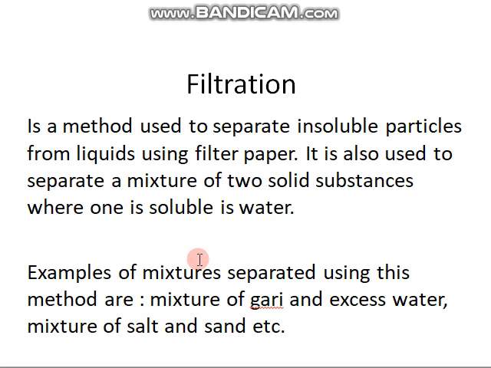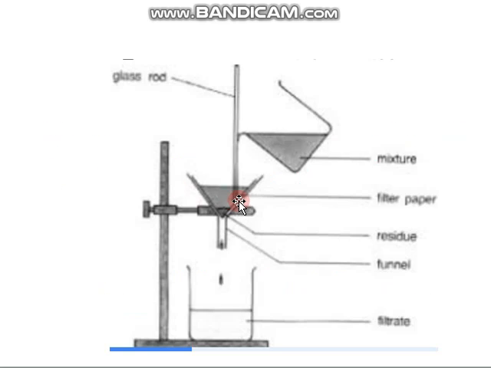Examples of mixtures separated using this method are a mixture of garri and excess water, a mixture of salt and sand, etc. Let us now look at the typical features of a filtration apparatus.